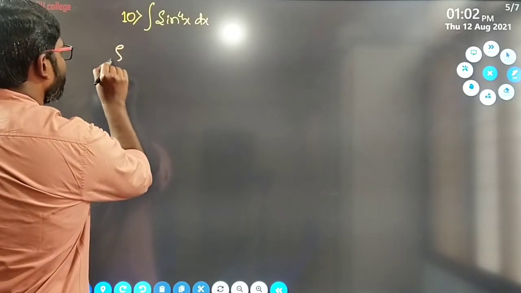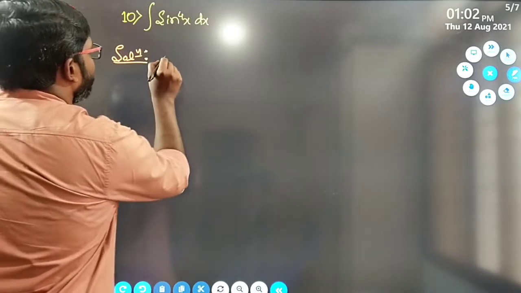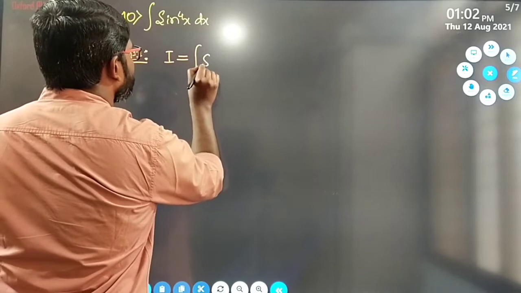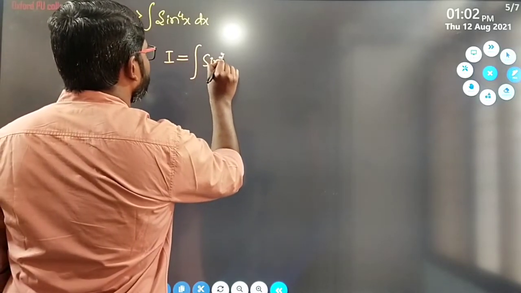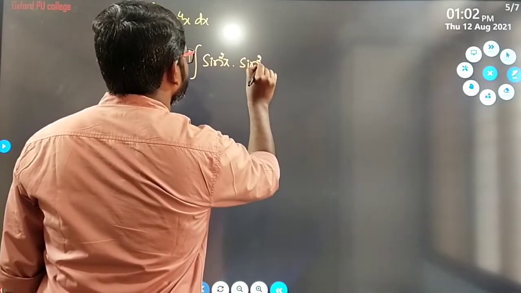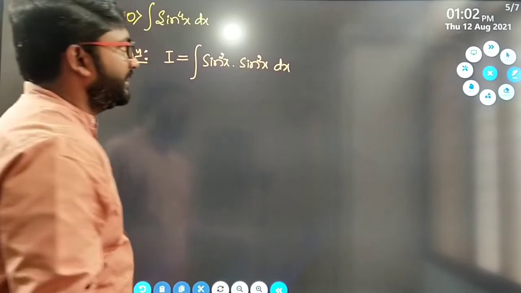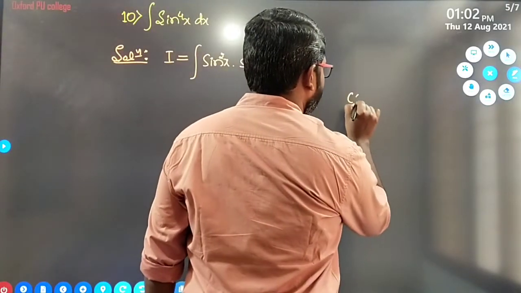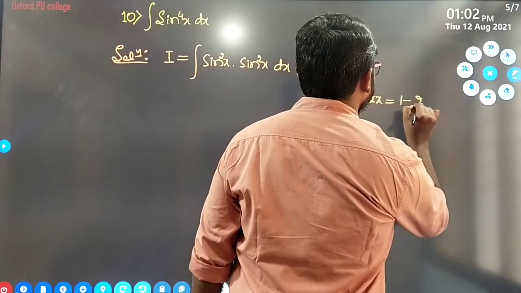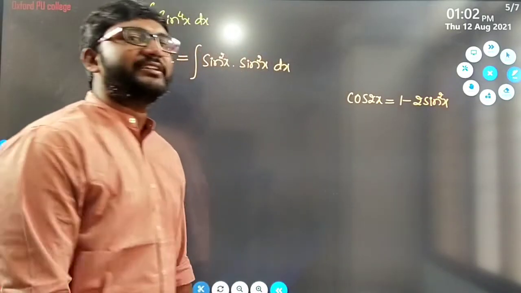I is equal to integral sine square x into sine square x dx. For double angle we have 4 formulas. In that I will be taking cos 2x equals 1 minus 2 sine square x.